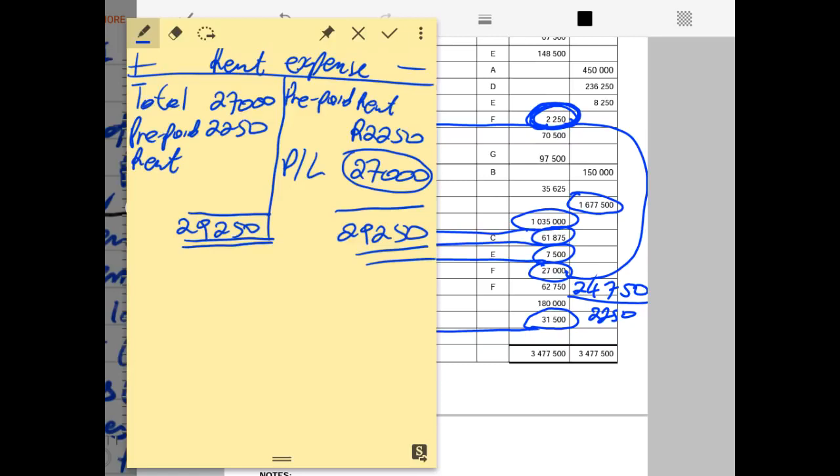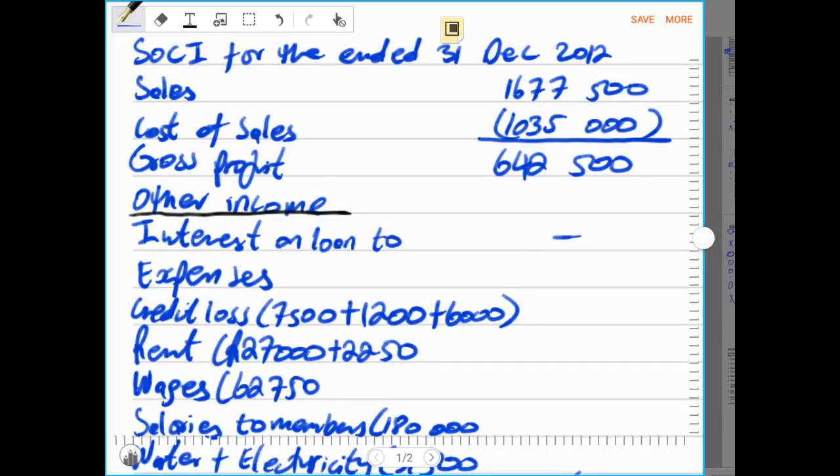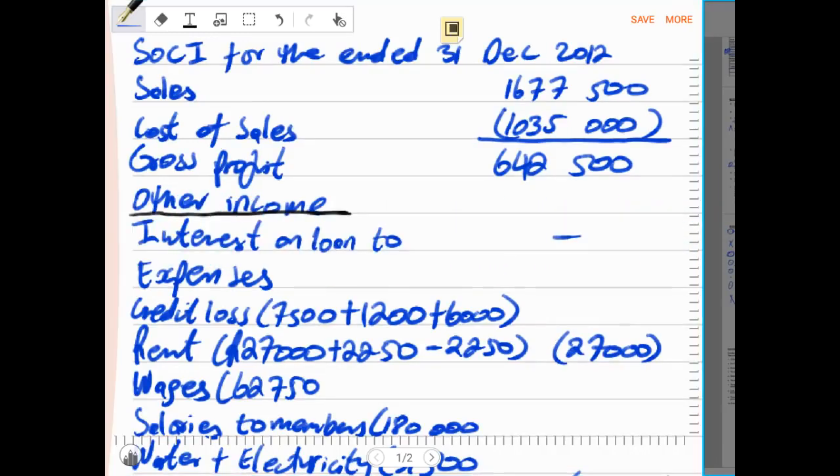So under the income statement, we just need to subtract 2,250, because 2,250 is on the credit side, which is the negative side of the ledger account being rent. So let us go to the income statement and subtract the prepaid rent expense at the end of the current year, 2,250. That will give us 27,000 rands of rent expense for the current accounting period.